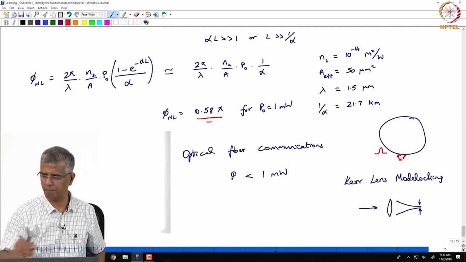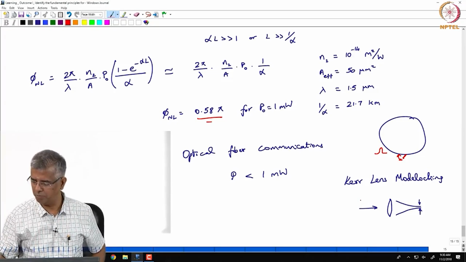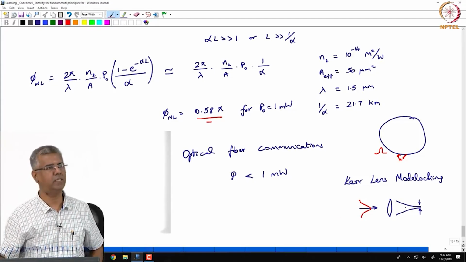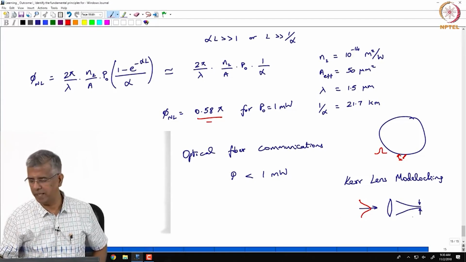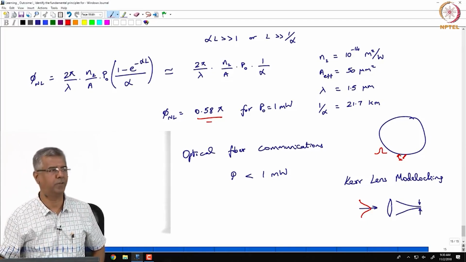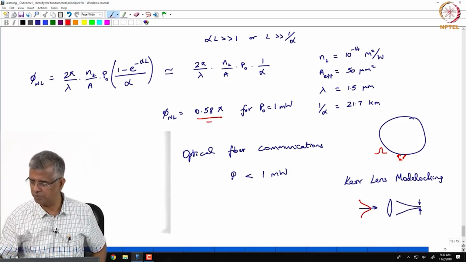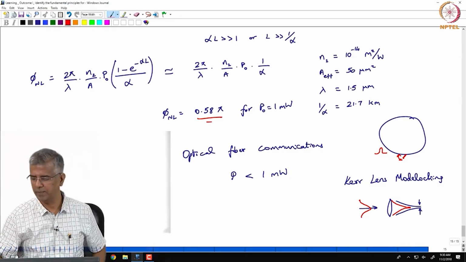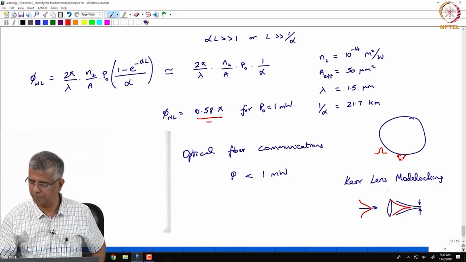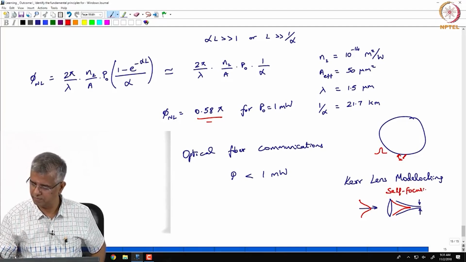So if I have a light wave which has an intensity pattern like this, that's incident on the medium, then the medium responds differently, and so instead of focusing over here, it might actually focus here itself. This is what is called the self focusing effect.